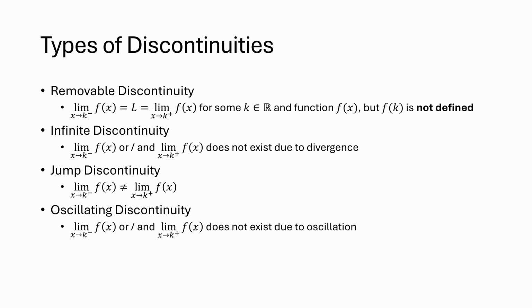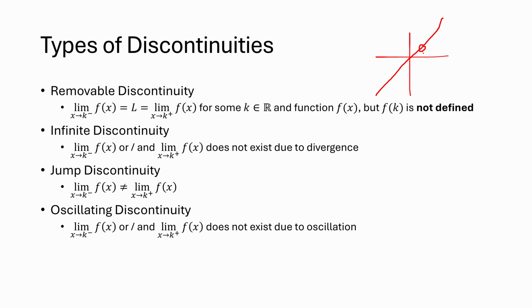So there are 4 types of discontinuities. First is a removable discontinuity. Basically, if limit as x goes to k minus of f of x equals L equals limit as x goes to k plus of f of x for some k in the set of real numbers and function f of x, but f of k is not defined. Removable discontinuity is also called a hole.